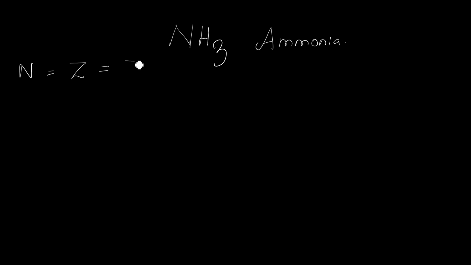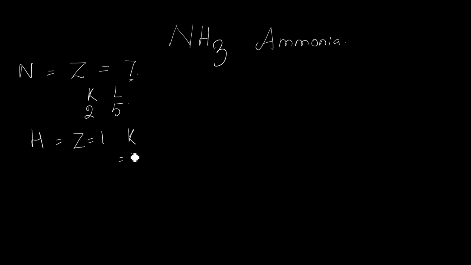Next we will see the electron dot structure for ammonia. Ammonia is NH3. Nitrogen Z is equal to 7 atomic number. Then K shell has 2 electrons, L shell has 5 electrons, and hydrogen atomic number is 1.